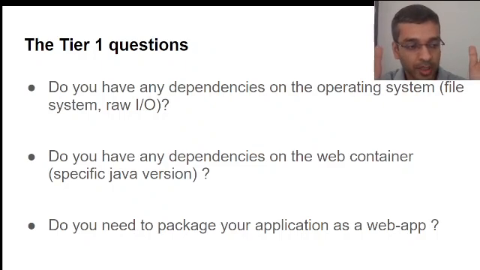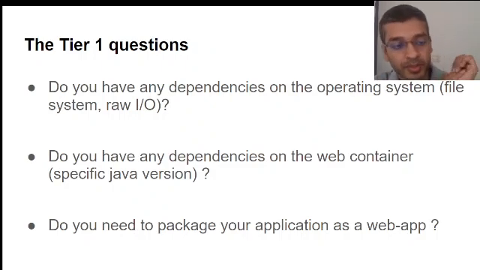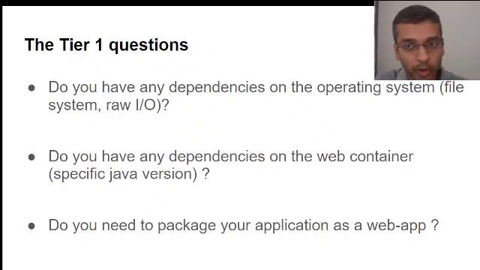The tier one questions will tell you that you need to run below a certain layer. For example, if you have a dependency on the operating system itself, you have no choice but to control the operating system, which means you can only run on VMs where you take control of the operating system. You can even have a choice where you need a dependency on the physical server. I need a specific kind of hardware, in which case you can't even run on a VM. But let's keep that aside.